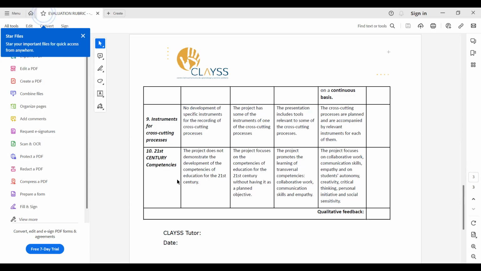And then about the linking with the 21st century competences, how the project focuses on these competences. There are a lot of competences, you know, they have the document, but you can use it. So this is so simple.